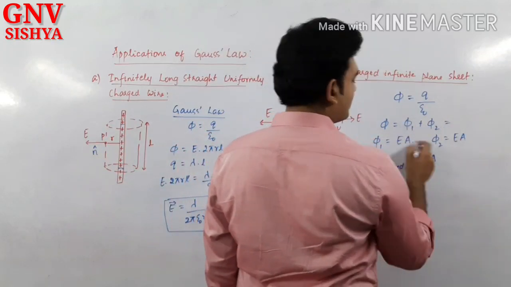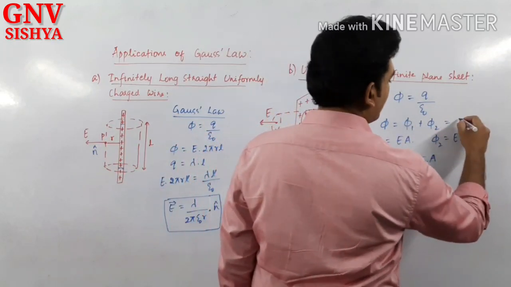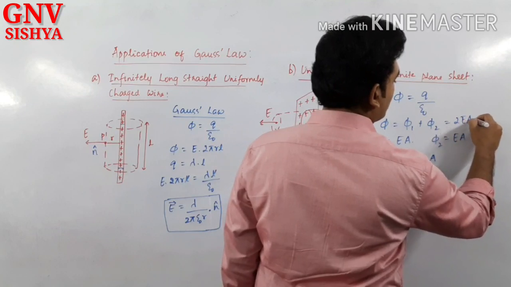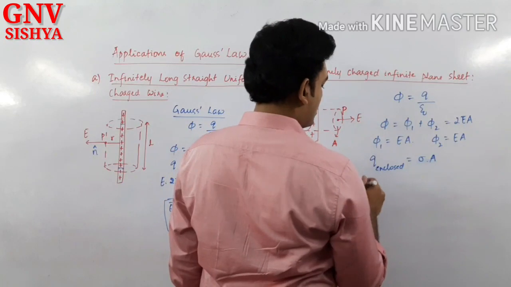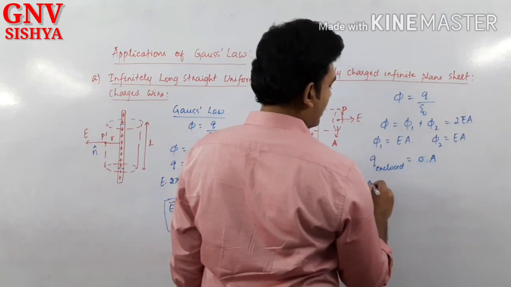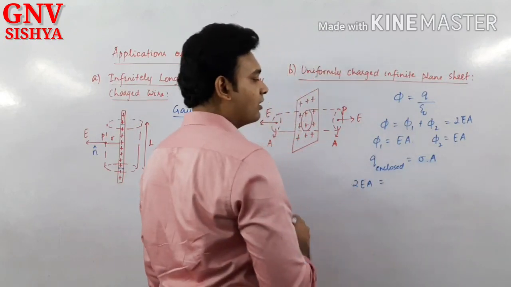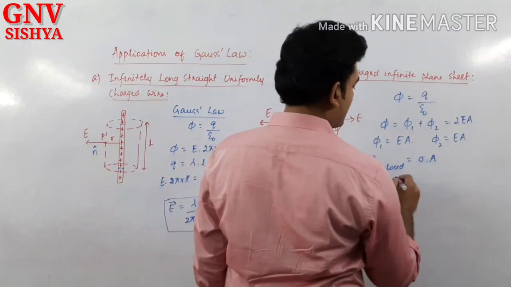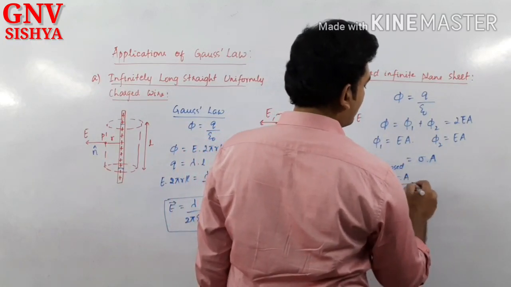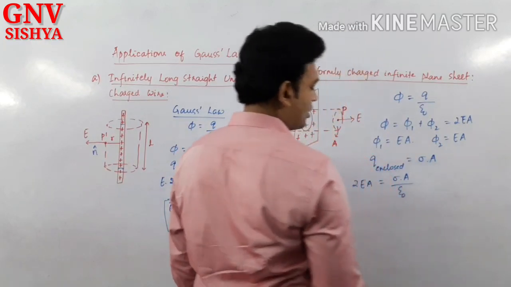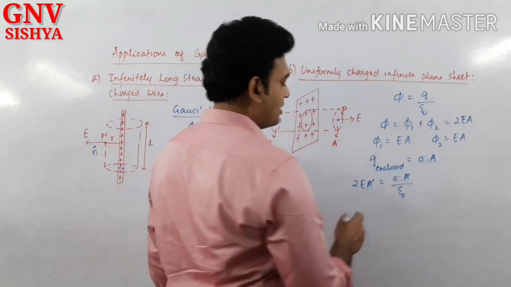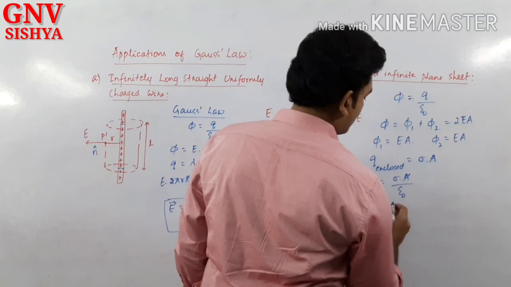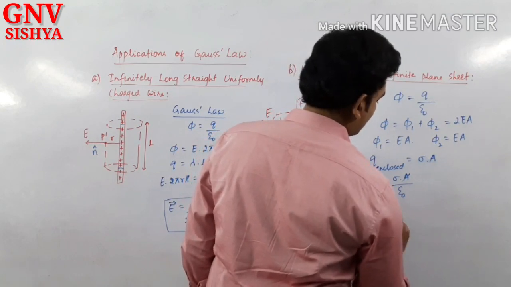Total flux phi1 plus phi2 will give us EA plus EA, which is nothing but 2EA. Now if you apply that in Gauss's law, on the left hand side we will have the flux, which is 2EA. On the right hand side we have the charge enclosed, sigma into A, divided by epsilon naught. Now you can see that the area on both sides gets cancelled, and the electric field you get as sigma by 2 epsilon naught.